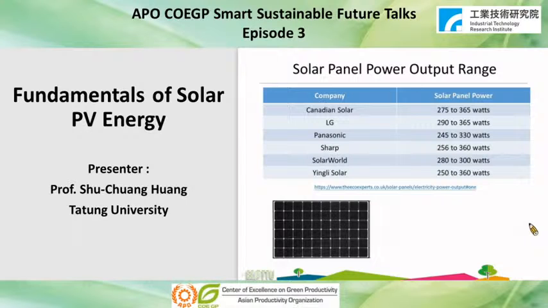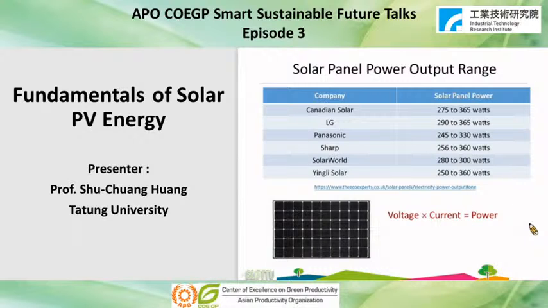How about the power rating for the solar panel? Typically, the solar panel output power ranges from 250 watts to 360 watts, depending on the model or the type of the module.